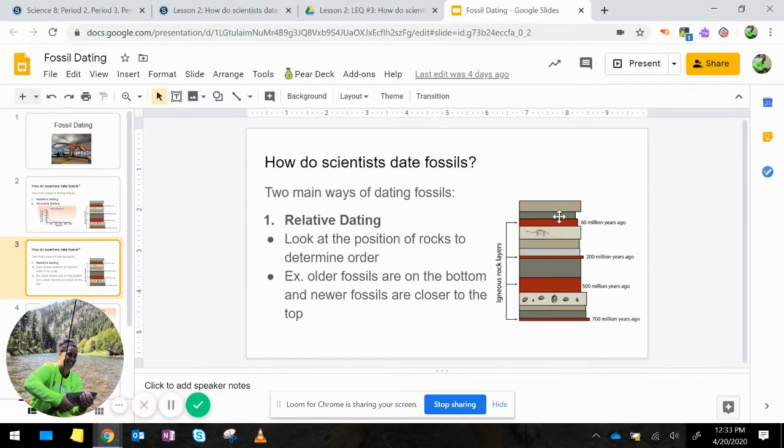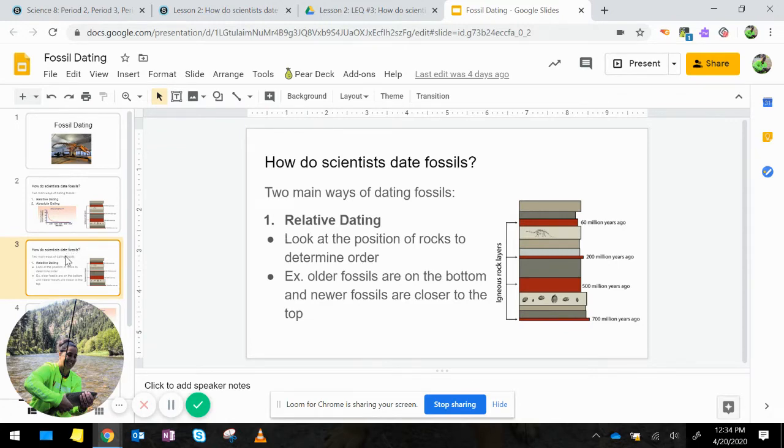If you look at this diagram, the fossils that are further down in the rock layer are older. Here you have 700 million years ago, then 500 million years ago, 200 million years ago, 60 million years ago. They look at the position of where the fossils are in the rocks to determine how old they are.